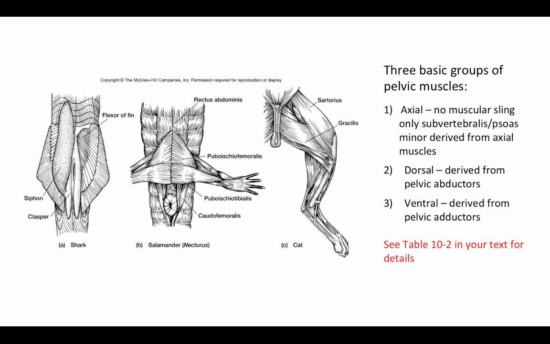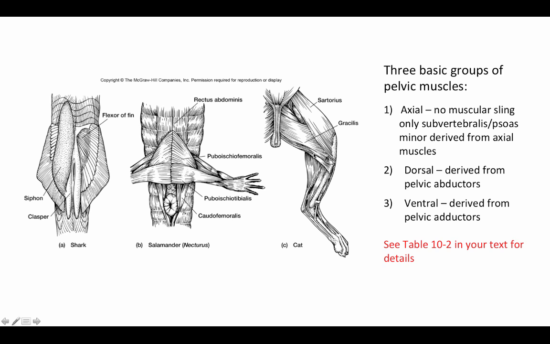So grouping the muscles in this way is a very nice way of categorizing and remembering the different homologies of these muscles as they evolved from something like a shark through an early tetrapod and then finally to this very complicated state in mammals, and being able to understand how to place these different muscles in functional groups to be able to remember them better.